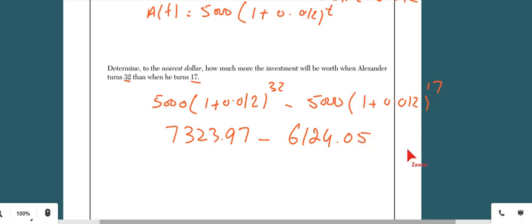The answer is 1,199.92. We have to write it to the nearest dollar, which is approximately $1,200. So that would be the difference in the amount when he turned 32 and when he was 17.